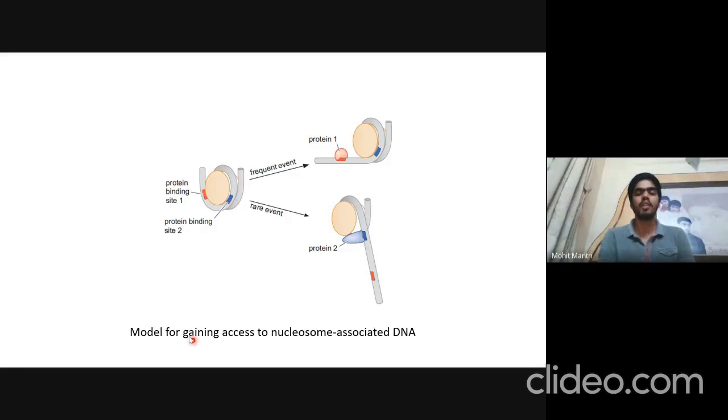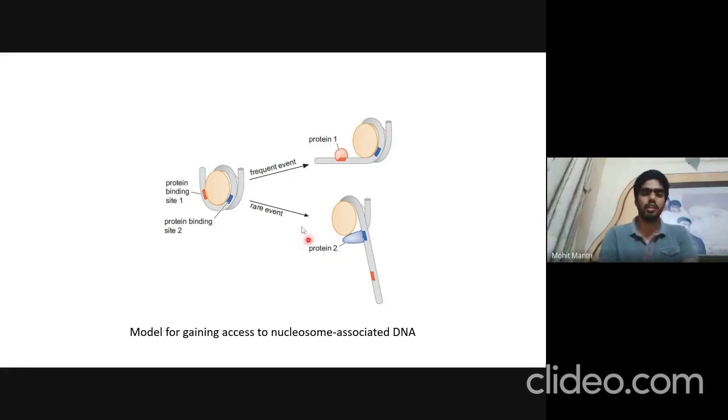This is the model for gaining access to nucleosome-associated DNA. Therefore, the position of the nucleosome is important in determining the interaction of proteins with the DNA. Usually it is seen that the transcriptional start site, the TSS, is devoid of nucleosomes, so that proteins such as RNA polymerase and other enhancer and initiation proteins can easily bind to that region.